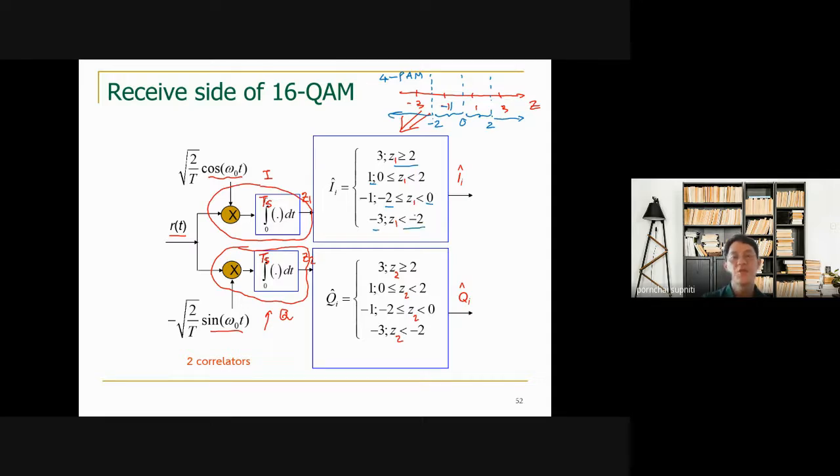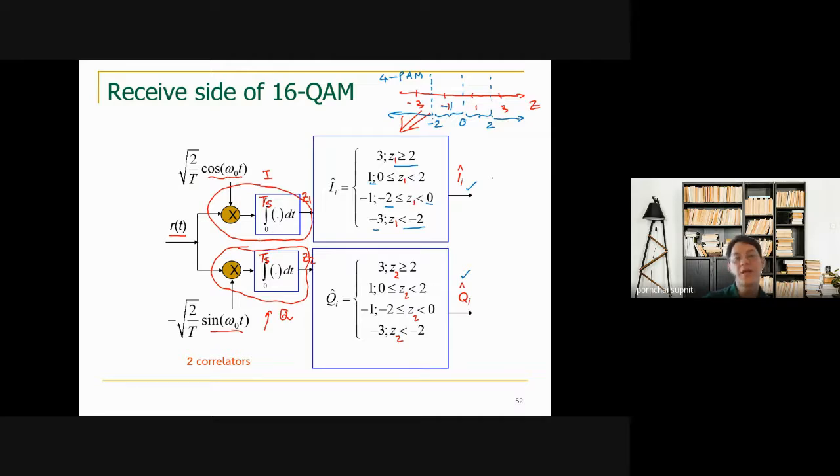This condition is the same for I and Q. When you have the estimates for the I symbol and the Q symbol, you convert back to bits, by the reverse process as we saw in the previous example. So that's about it.